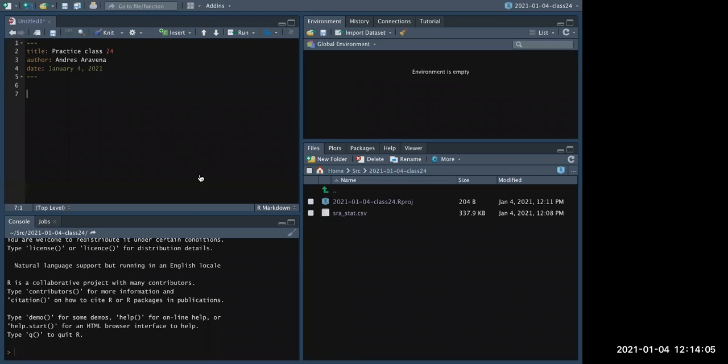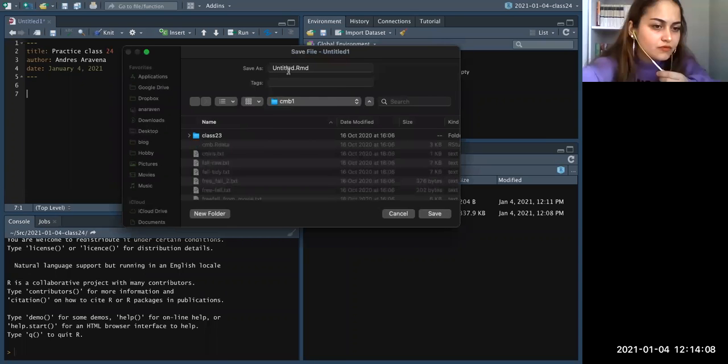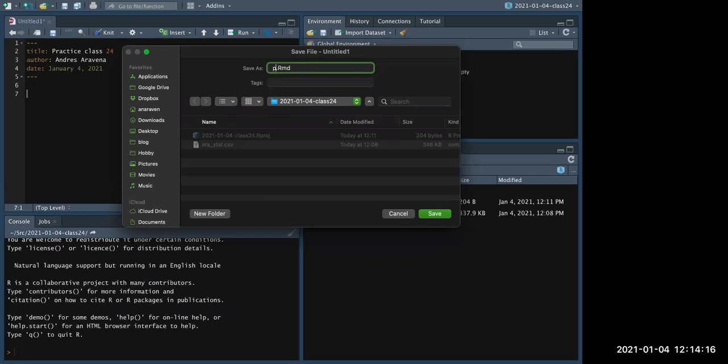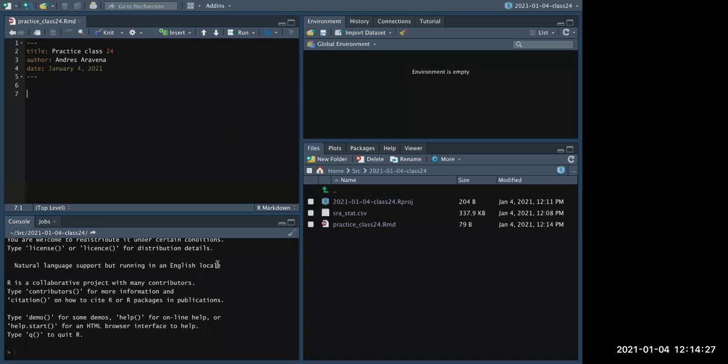Okay, so how do we read the data? I'm going to do it with read CSV. We have to give a name. We will call it SRA because I want to have a short name and assign. First things first: library readr, the new way to read.